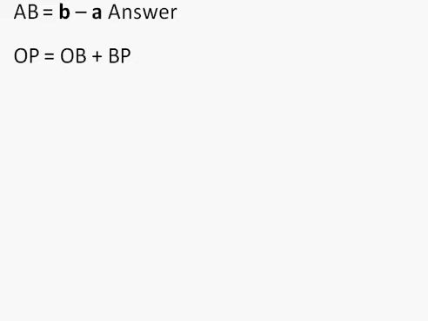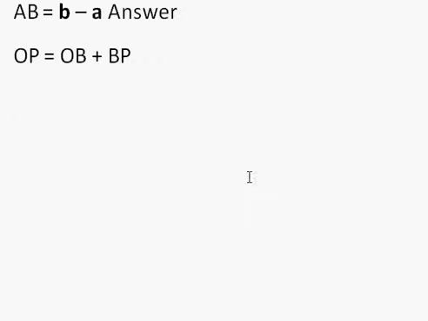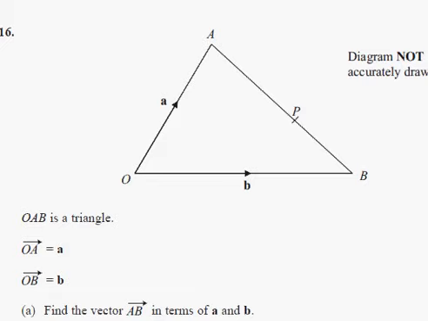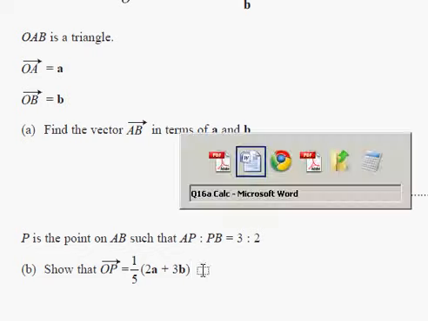Let's substitute in some values. We know that OB equals the vector B, because we're writing it in terms of that. By the way, they've already told us the answer: show that the vector OP equals 1/5 of all of 2A plus 3B. We just need to show that this is true, so we know the answer and we just need to work towards it.